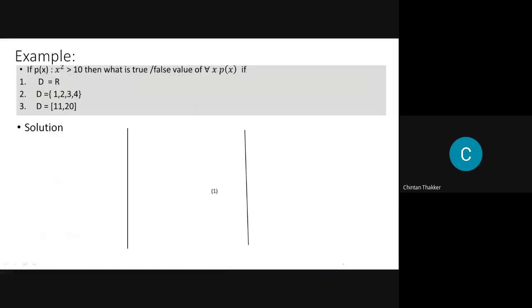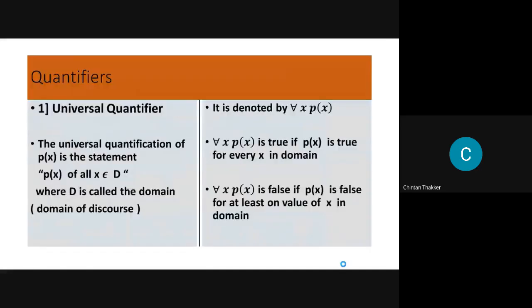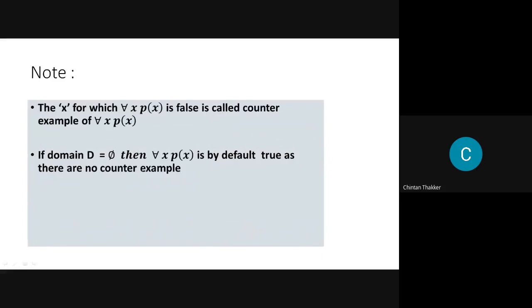Now, the value for which P(x) is false is called a counterexample for the universal quantifier.